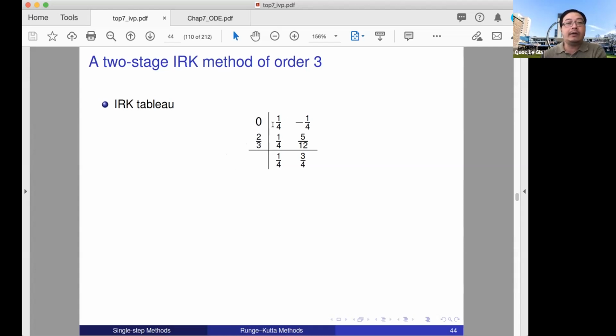Now look at this example. This one is an implicit Runge-Kutta method of order 3. You see that you have two rows. Let's see whether we can write down the equations in this case. I copy down this table first, and then see whether we can write out the equations for this table.